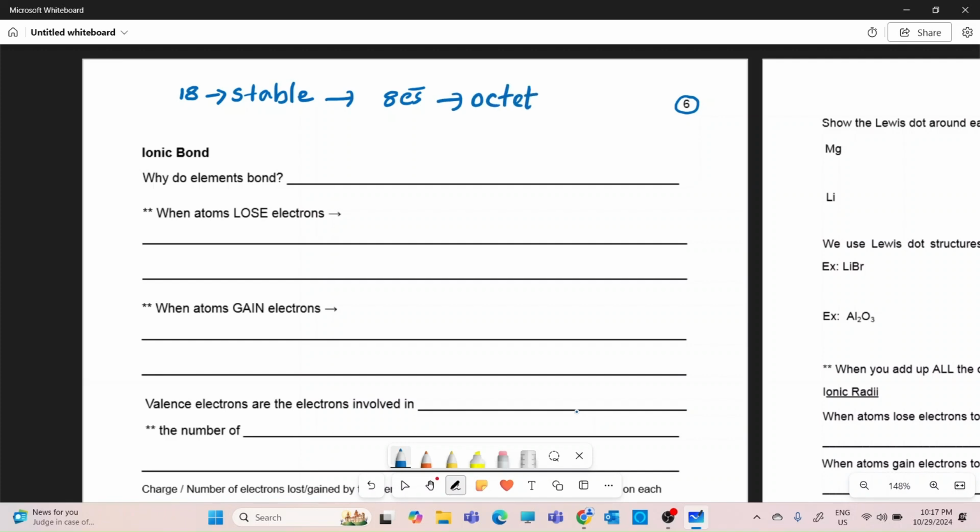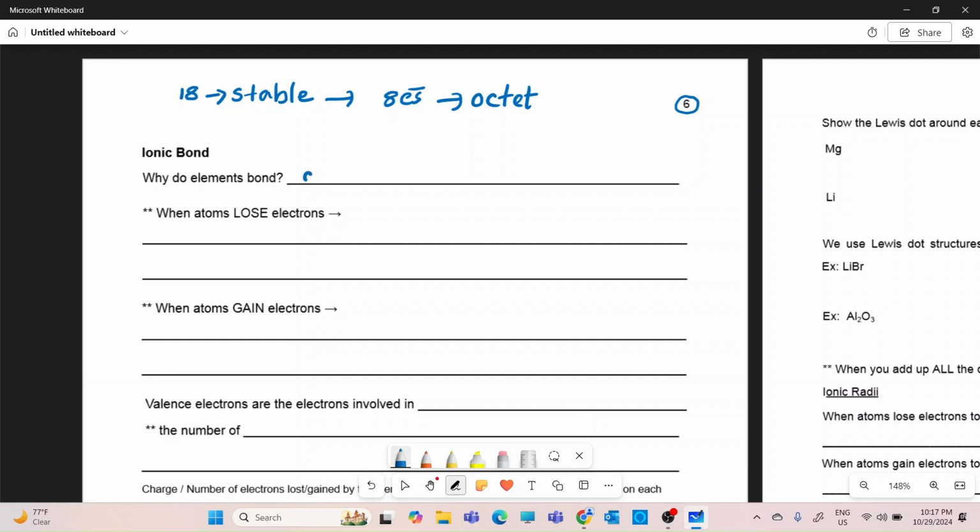So every element wants to become like the noble gases, to become stable by acquiring 8 electrons. That is the reason for bonding, or we can say chemical reaction. So why do elements bond?